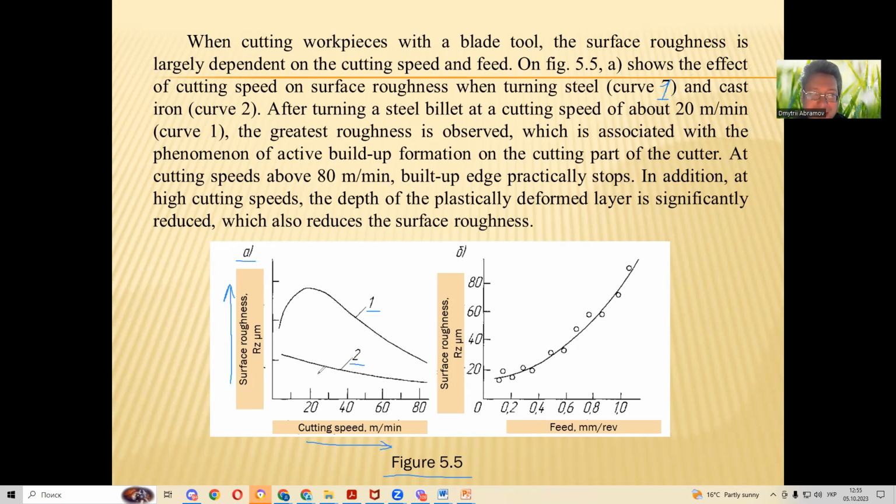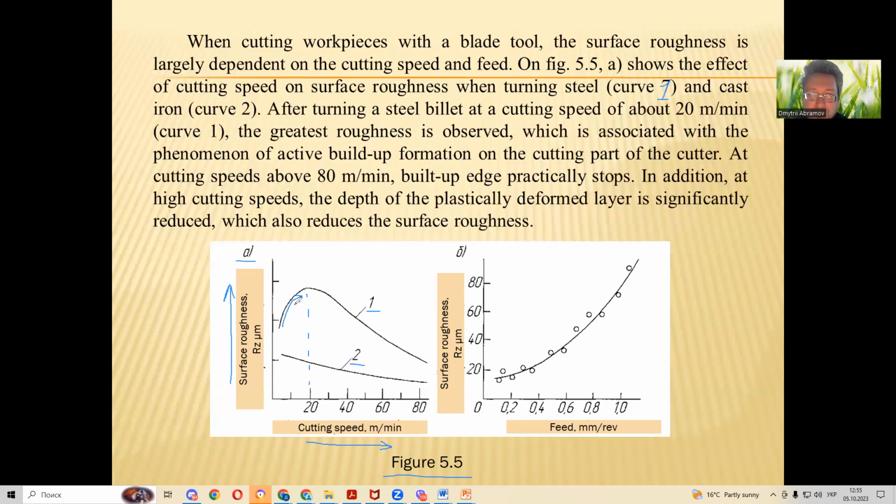After turning a steel billet at a cutting speed of about 20 meters per minute, the greatest roughness is observed.